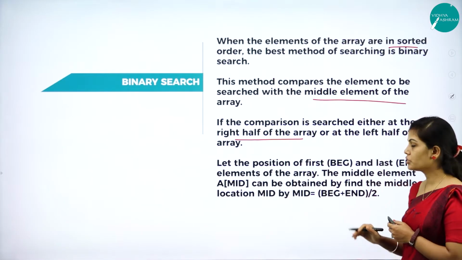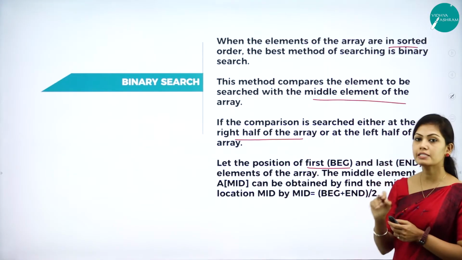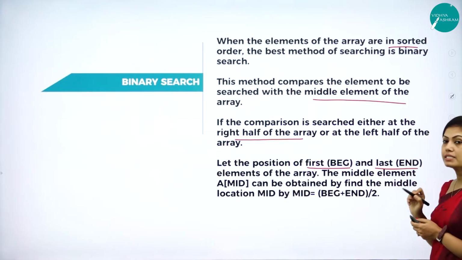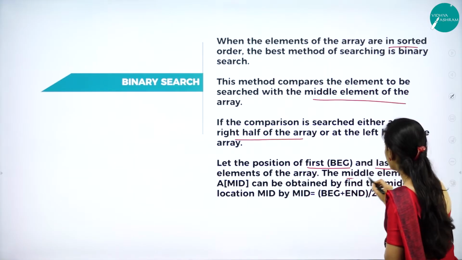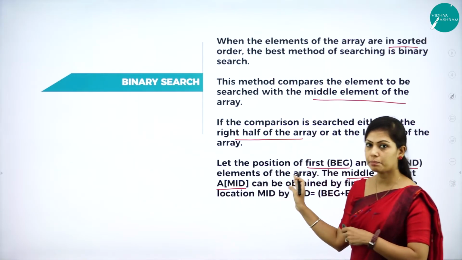In binary search, we assume the position of the first element is called BEG, the beginning, and the last is called END, the end of the array, and the middle element is called A of mid. This is very important.